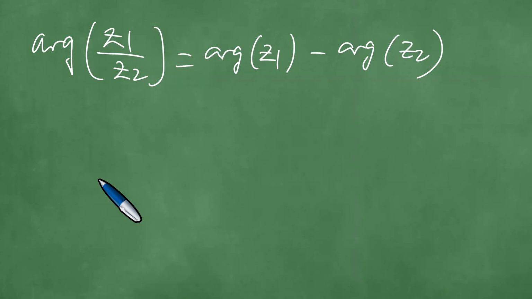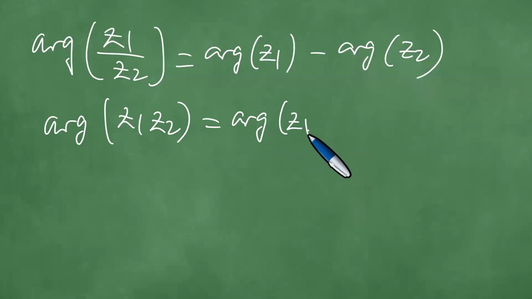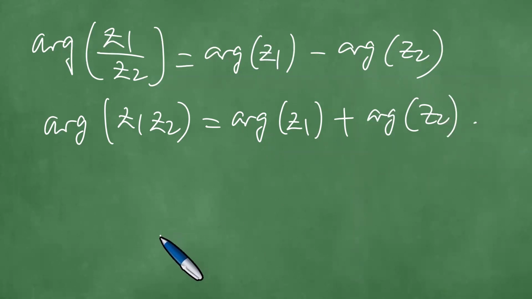So now we note, therefore, that the argument of z1 z2 is the argument of z1 plus the argument of z2. So just take note of this.